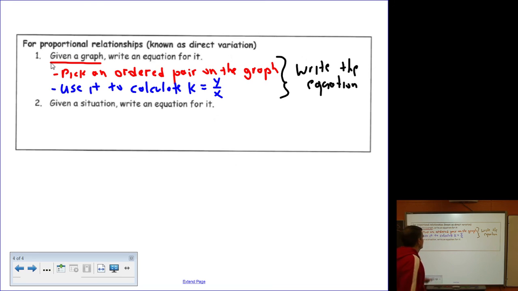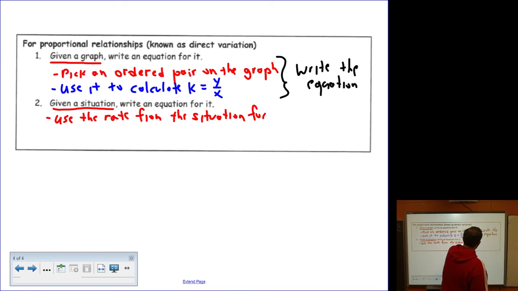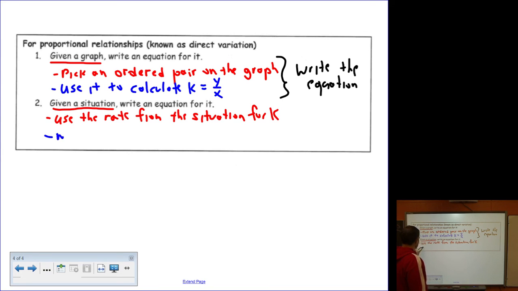Well, what if you're given a situation? Can you write an equation for it? Here you can use the rate from the situation for k, or if they don't give you a rate, you could make a table.